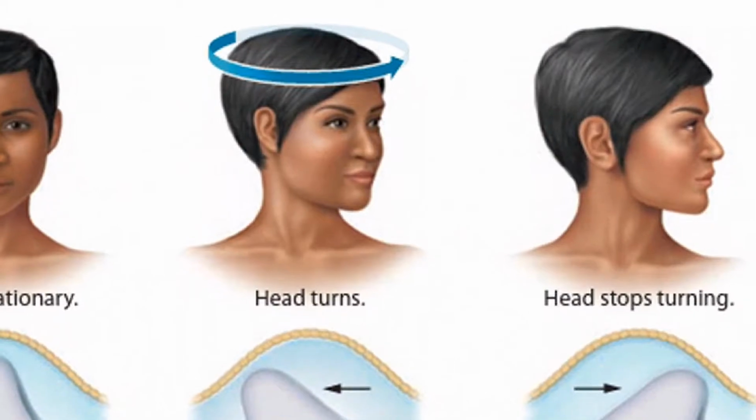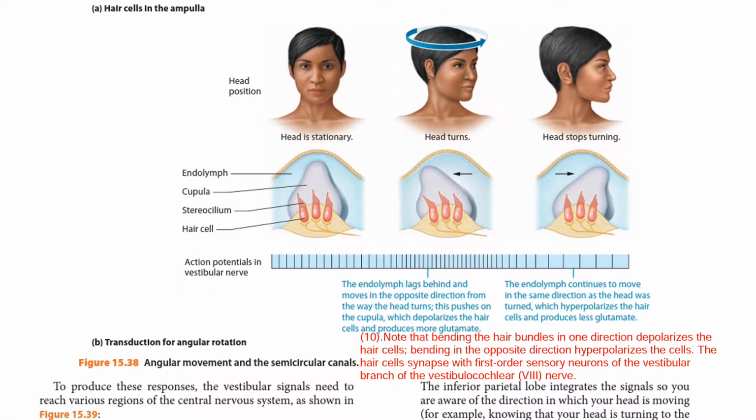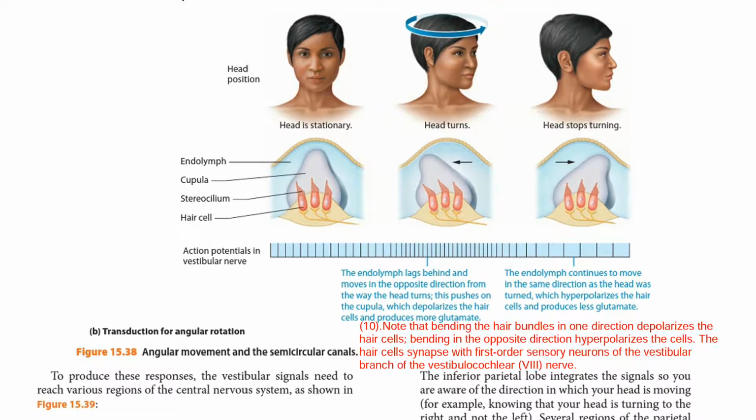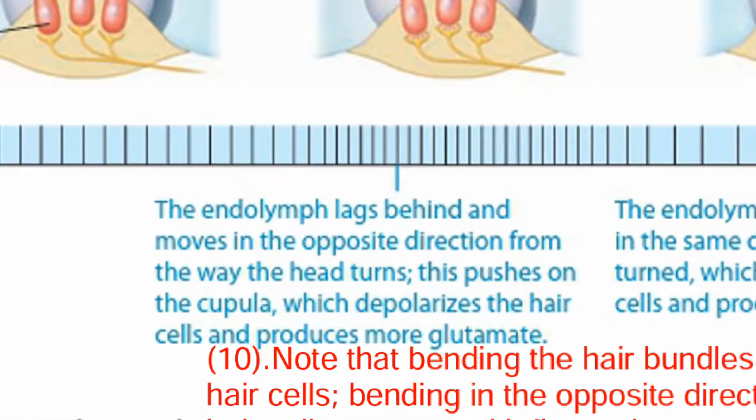And here, as you can see, when the girl's head turns, see what happened: the endolymph lags behind and moves in the opposite direction from the way the head turned.